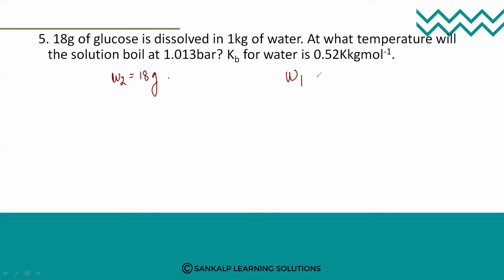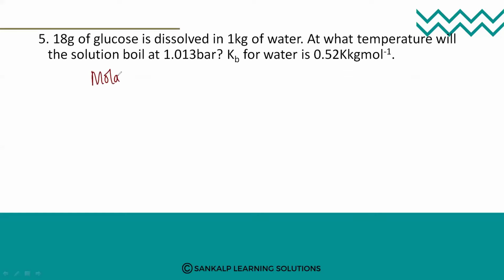So 1 kg is nothing but 1 kg of water. So at what temperature will the solution boil at 1.013 bar? Kb is given. So what all is given here?